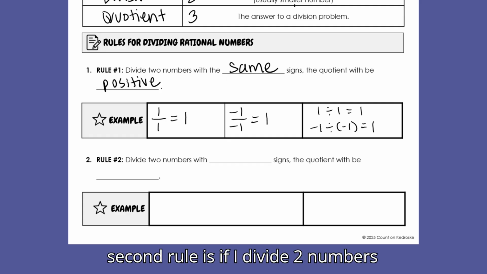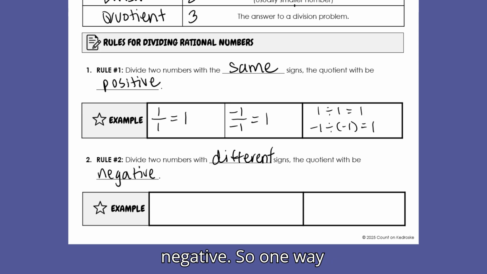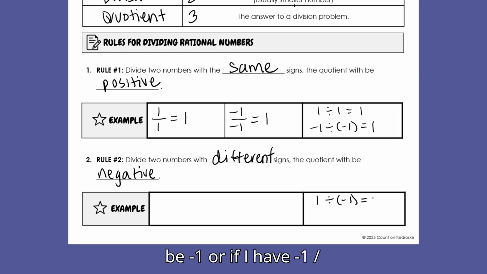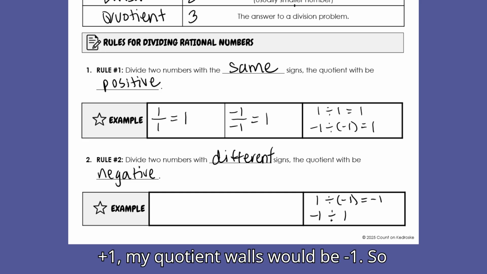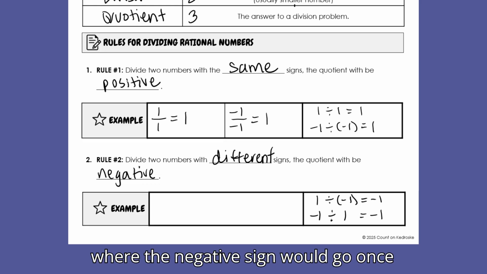Now, my second rule is if I divide 2 numbers with different signs, the quotient will be negative. So one way to look at that is if I have 1 divided by negative 1, my quotient will be negative 1. Or if I have negative 1 divided by positive 1, my quotient will also be negative 1. So using division symbols, that's where the negative sign would go.